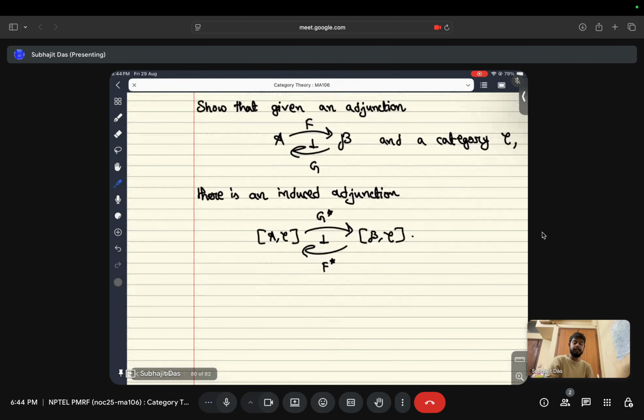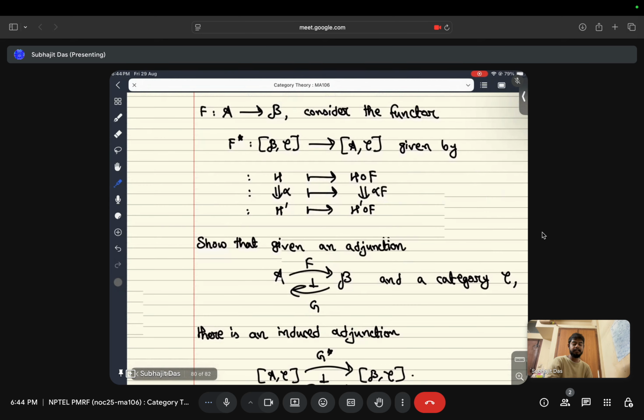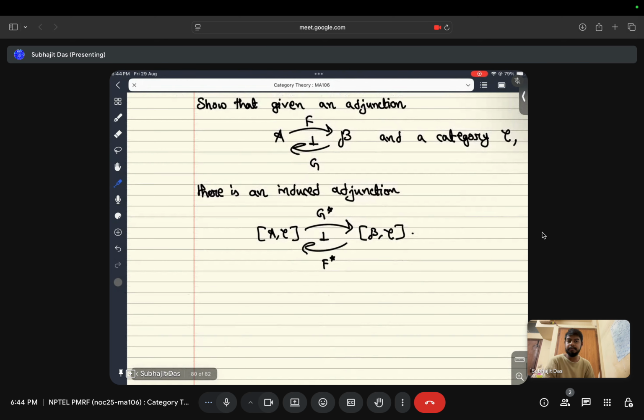So what you are being asked to show is that with this notation in mind, suppose that you have an adjunction between functors F and G, with F being the left adjoint and G being the right adjoint, and suppose you take some category C. You can consider the induced functors F upper star as indicated in this direction and G upper star as indicated.